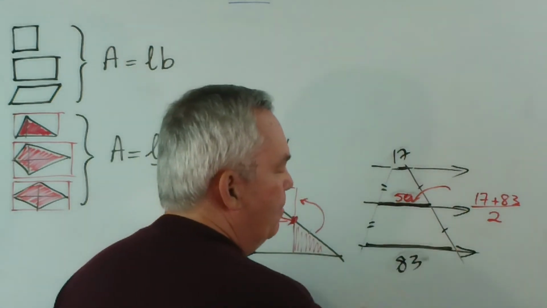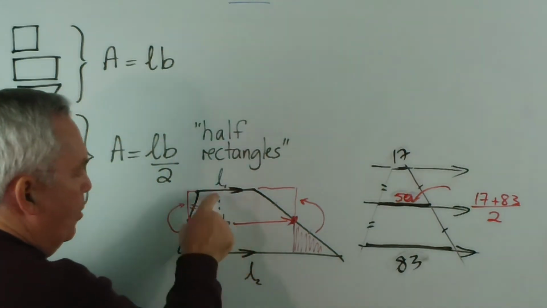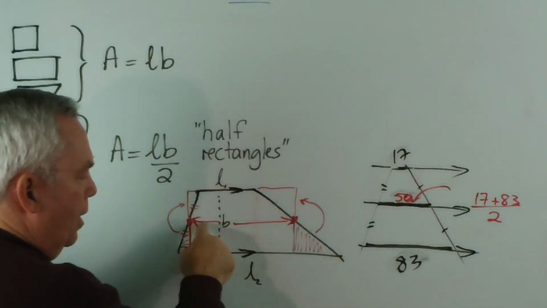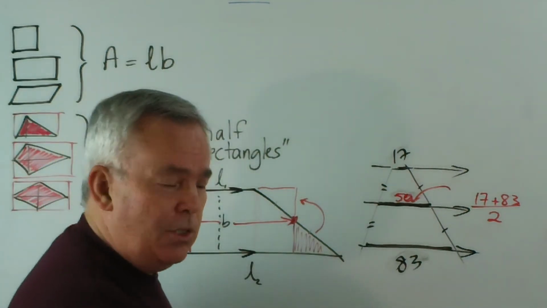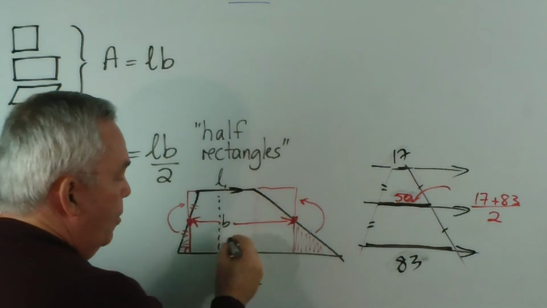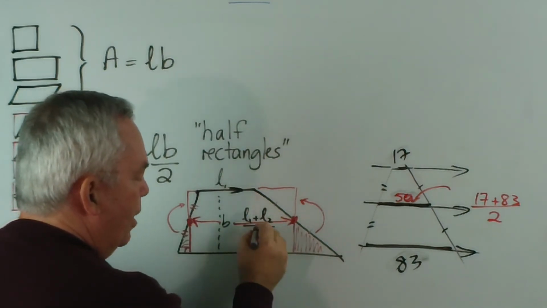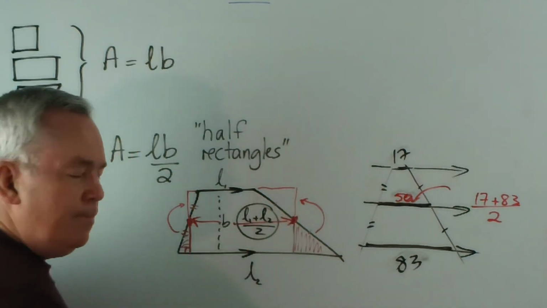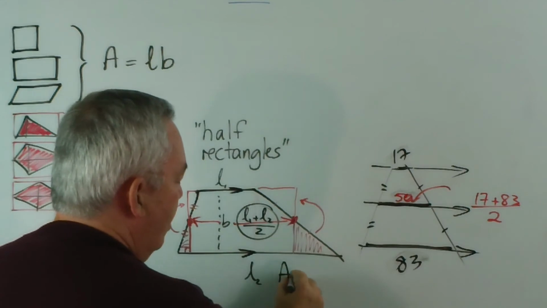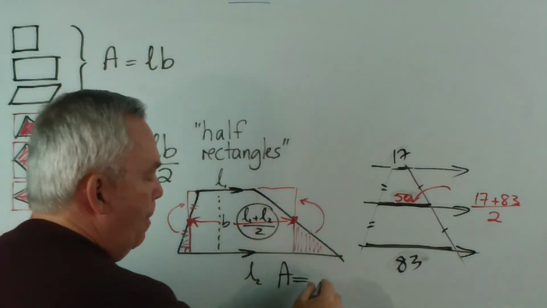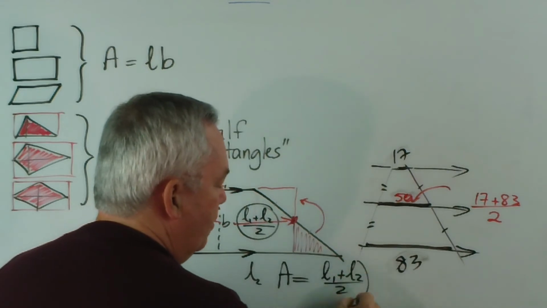But there's our pattern. So if we have a rectangle with a length 1 and a length 2, what's the length in the middle? I think you've worked out we call this an average. The average length, or the middle length, is L1 plus L2 divided by 2. And that means the area of a trapezium is length 1 plus length 2 divided by 2.